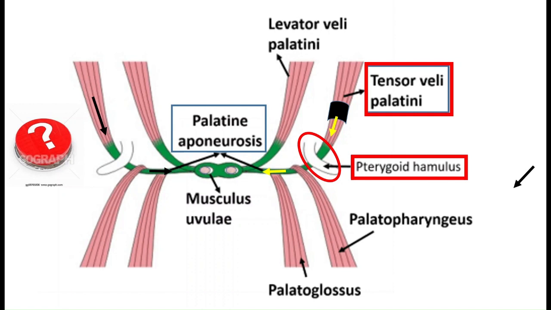This muscle, the tensor veli palatini, is going to make the skeleton, the basic structure of the soft palate.